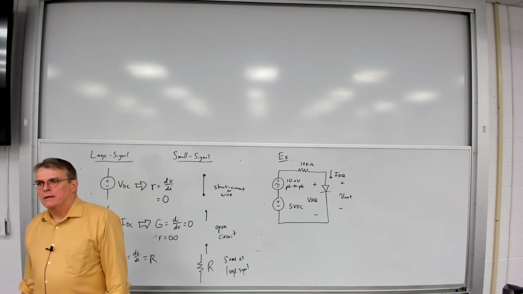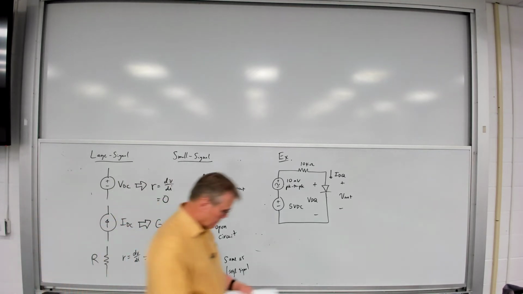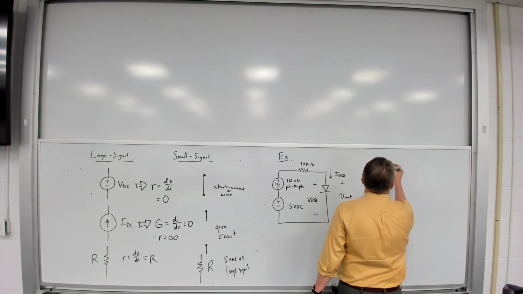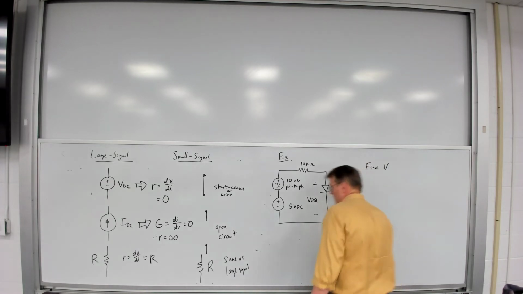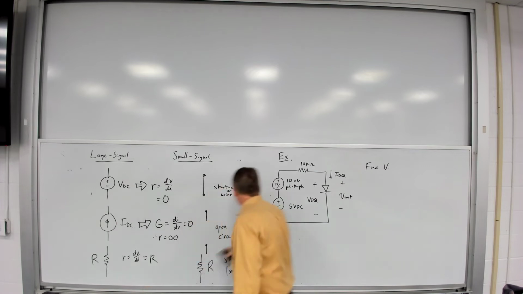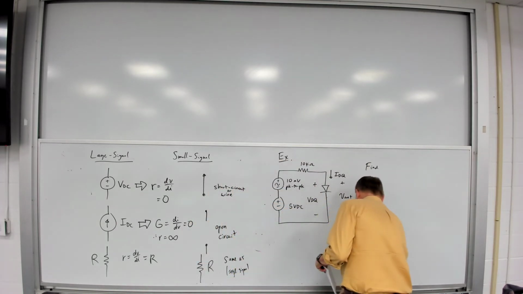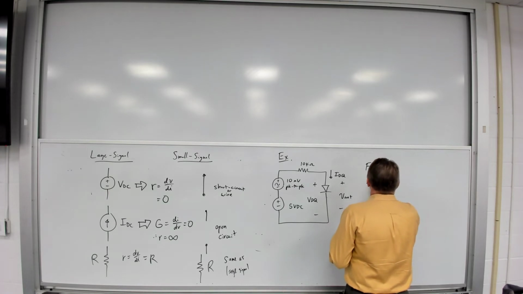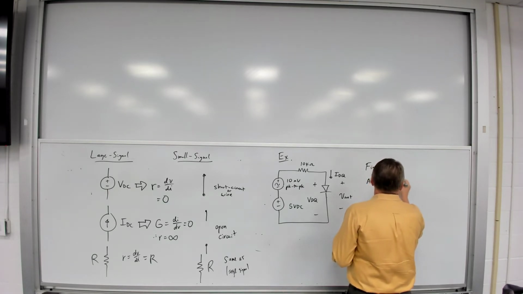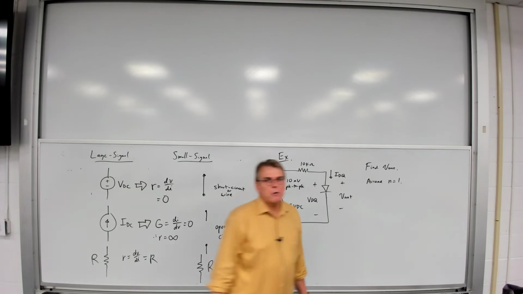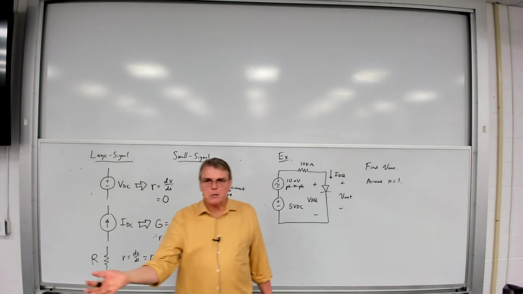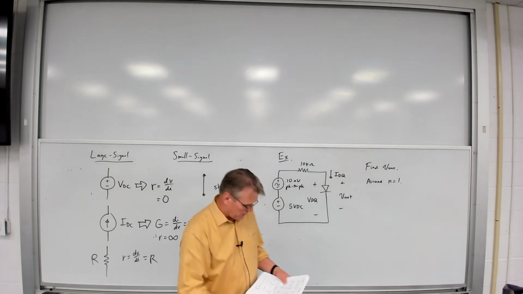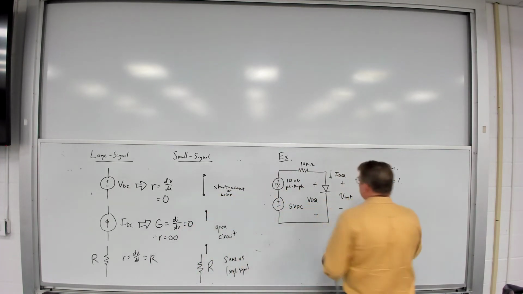So we're going to find V out. We are going to assume that N is equal to 1. Unless I tell you otherwise, we're typically going to say N is equal to 1 and the thermal voltage is equal to 25 millivolts, as you've already seen.